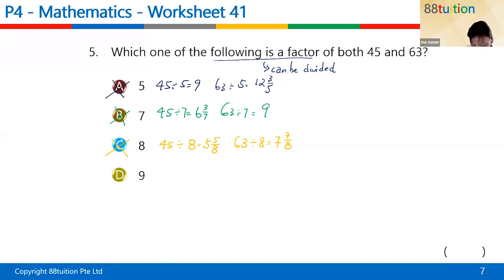So this one also cannot. Then you look at the last, 45 divided by 9 will give you 5. 63 divided by 9 will give you 7. So that explains that this is possible. So D is the answer. So far, okay?